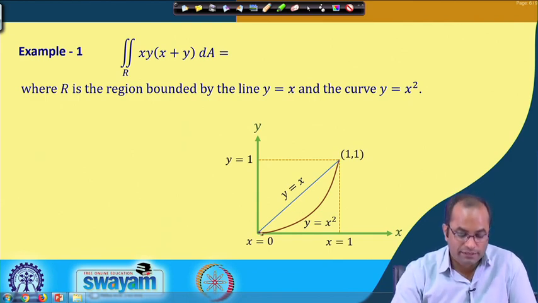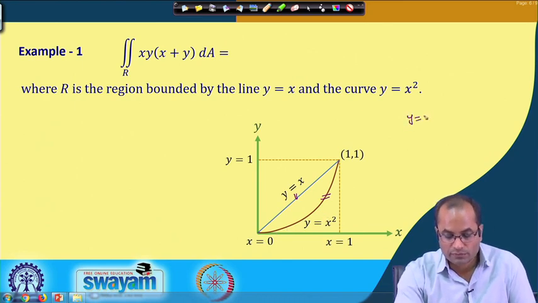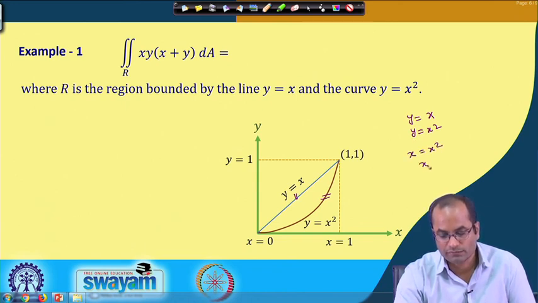Here we have the y is equal to x line, and then we have y is equal to x square, this parabola. They intersect when y is equal to x and y is equal to x square. If we solve, putting y is equal to x, we get x times x minus 1 is equal to 0.